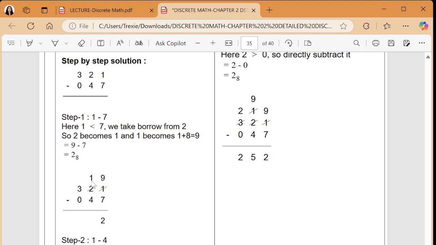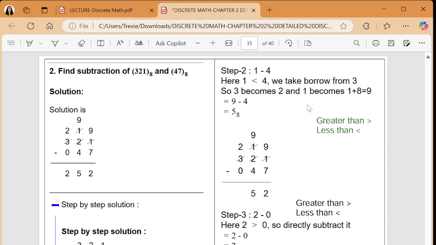Since this one is 1 and this one is 4, we need to borrow again from 3. So 3 becomes 2 and 1 becomes 8 plus 1, so 1 becomes 9 here. So 1 plus 8 is equal to 9.